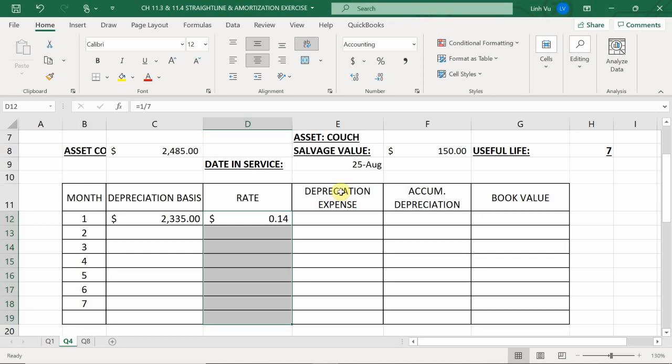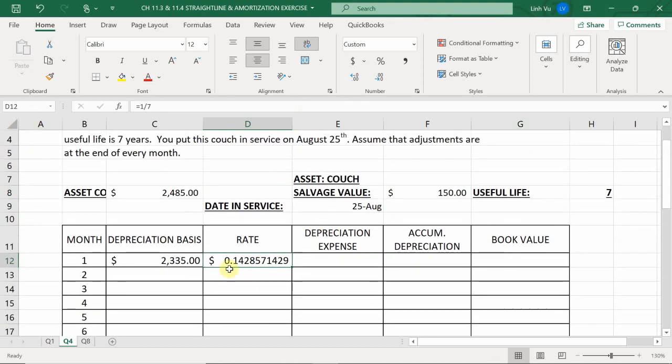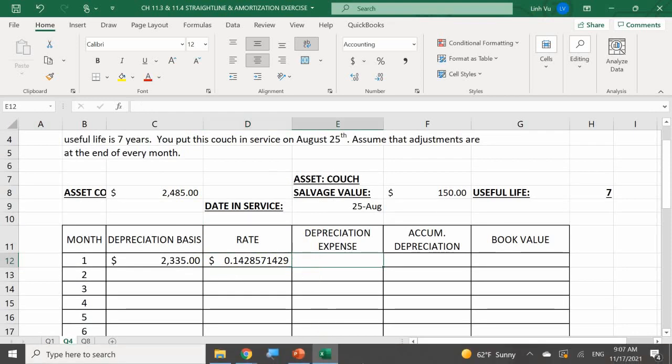They have a much more heavy duty, steady life than machinery. So it's going to be 0.1428, so on and so forth. Therefore, I need to use my equal round. So again, what is going to be my depreciation expense?